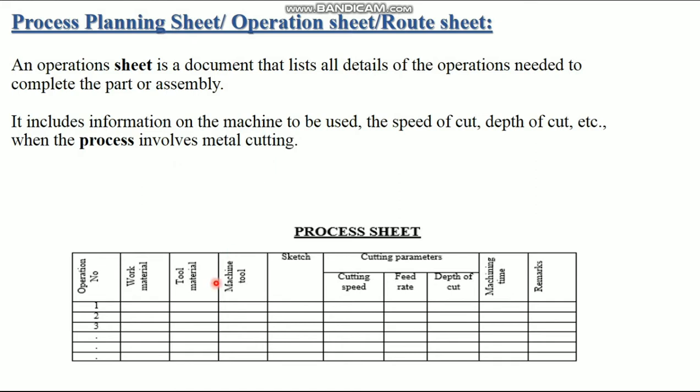This is one example of a process planning sheet. It has the operation number, work material, tool material, machine tool, sketch, cutting speed, feed rate, depth of cut, and machining time. So all the data about the product and processes will be available in this process planning sheet.